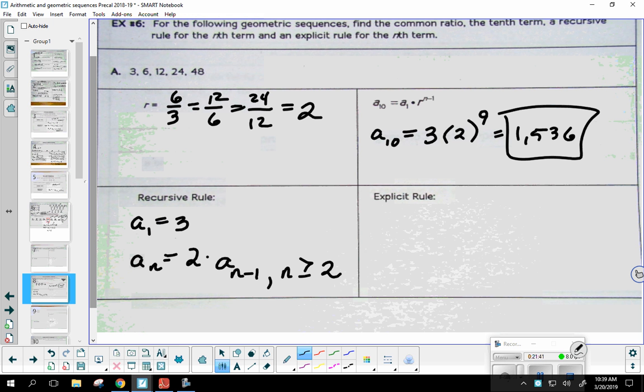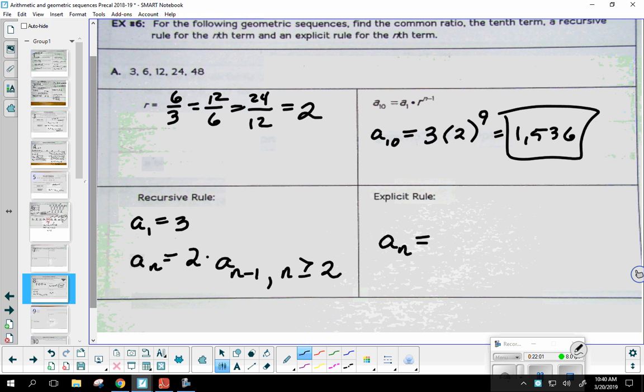And finally, our explicit. This is the one that allows me to jump to any term that I want. It's not dependent on the previous term like the recursive is. So a sub n, the nth term. Can anybody go ahead and give that to me?